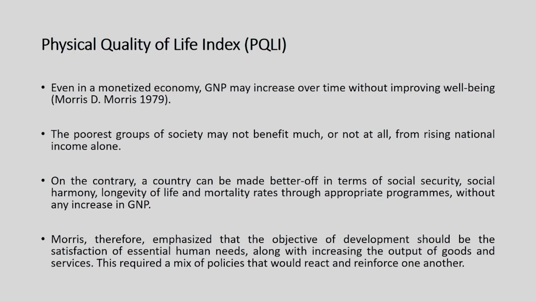Morris therefore emphasized that the objective of development should be the satisfaction of essential human needs along with increasing the output of goods and services. This required a mix of policies that would react and reinforce one another.